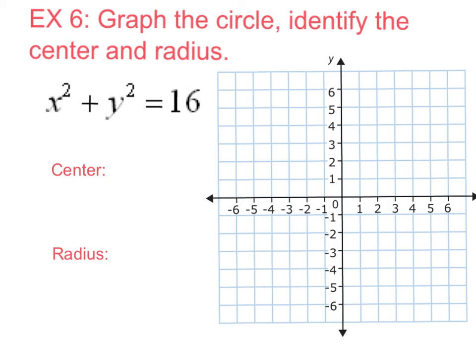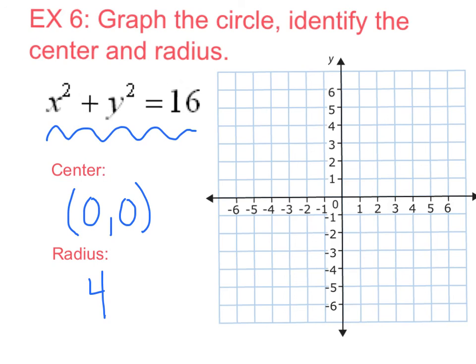Our last example. Graph the circle, identify the center and the radius. Let's look at our standard form. It just says x squared plus y squared, so our center would be 0, 0. Our radius would be the square root of 16, so it's 4.